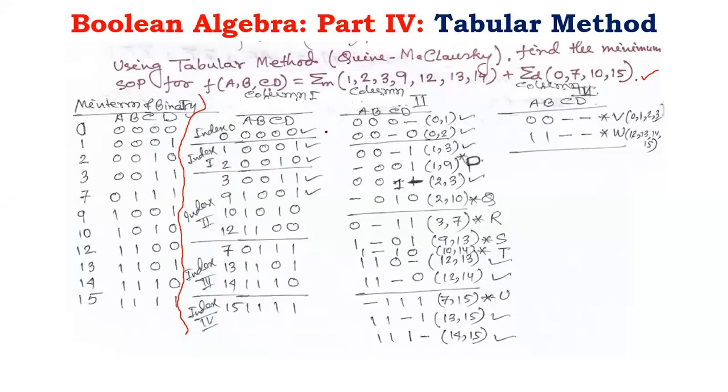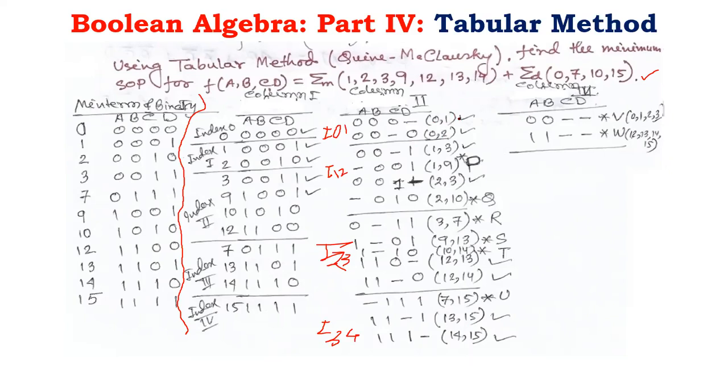Suppose this is I 0,1, this is I 1,2, this is I 2,3, clear, and this is I 3,4. Depending upon the one bit position change, put a dash here and make the group.